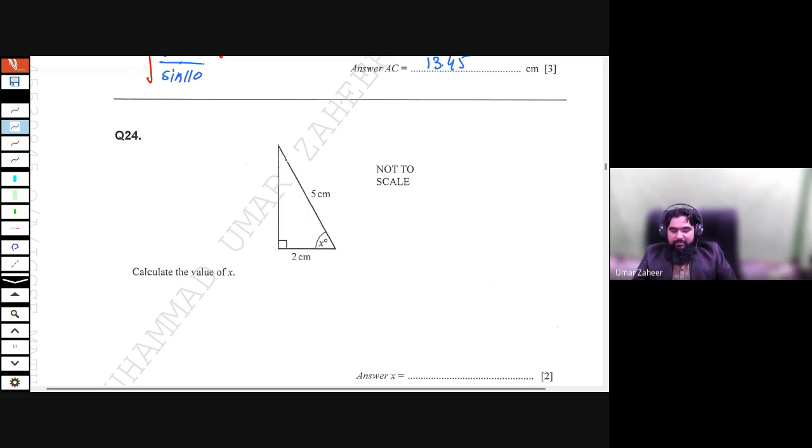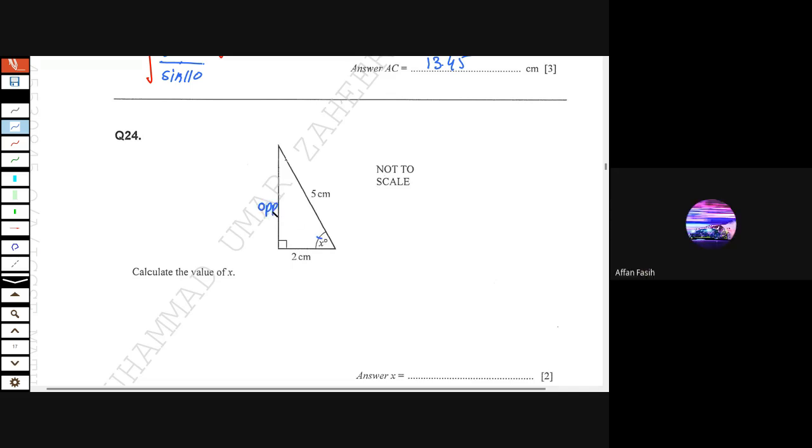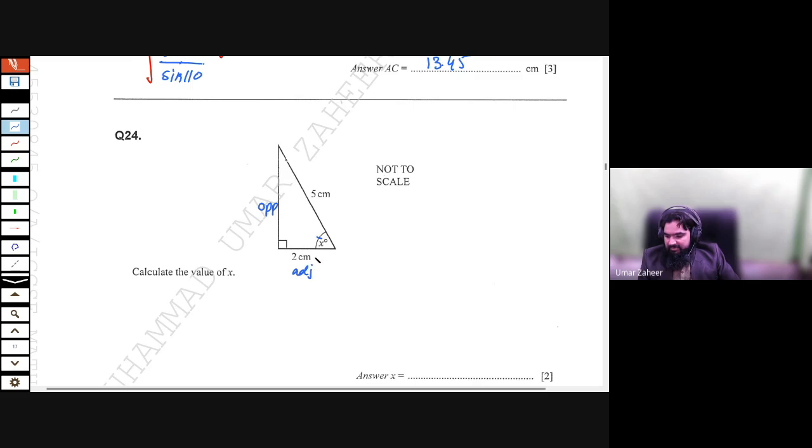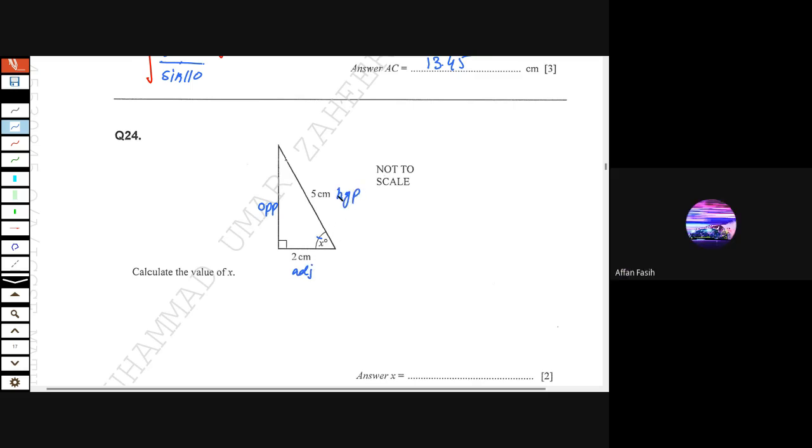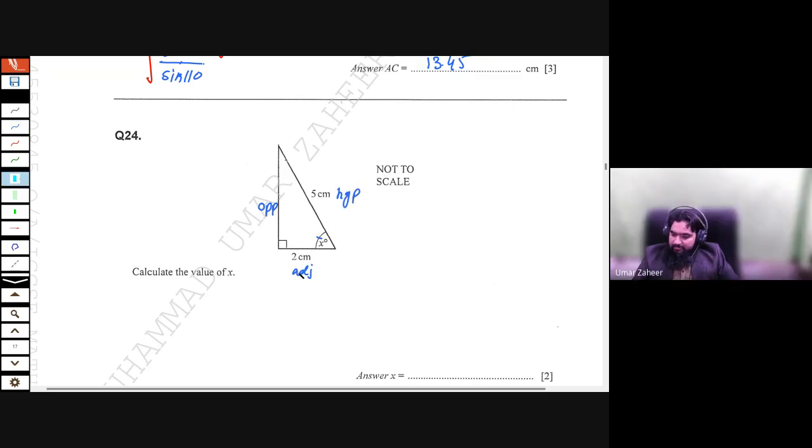All right, which trigonometric ratio? What is the name of each side according to angle x? It will be adjacent and hypotenuse. So you have adjacent, you have hypotenuse, and you have to find the angle. Which trigonometric ratio do you have to use?